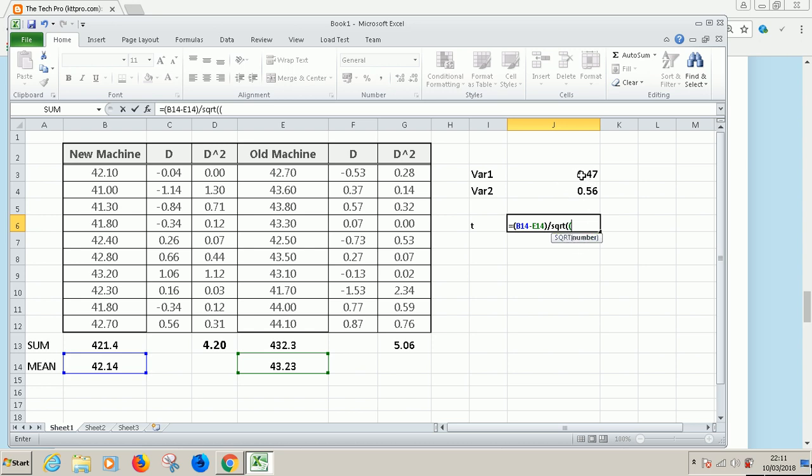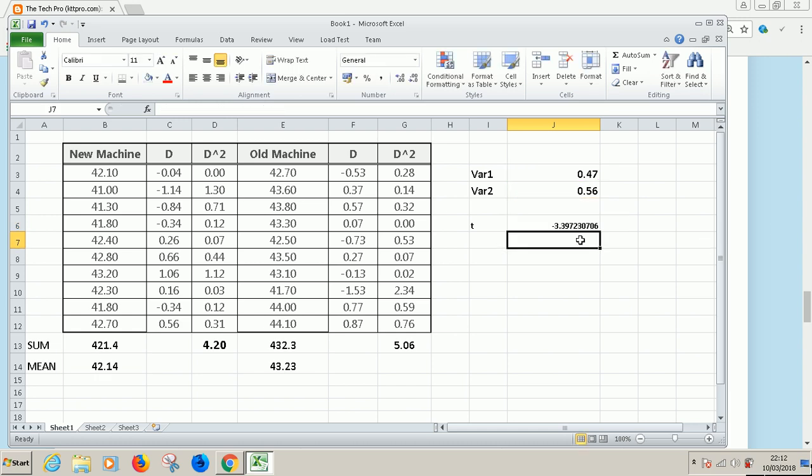So this is the variance for the first group divided by n, which is 10. Okay, so then plus the variance for the second group, which is VAR2, divided by 10. Okay, so enter. So now you have the t-statistic.